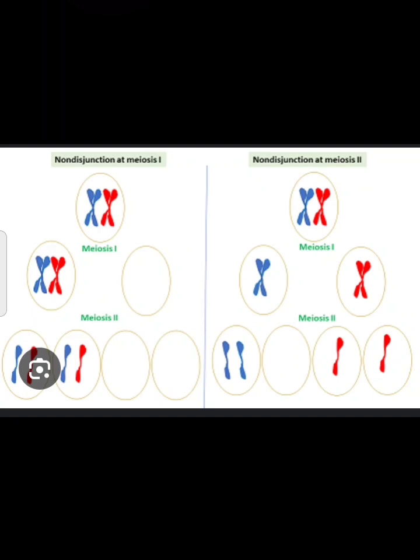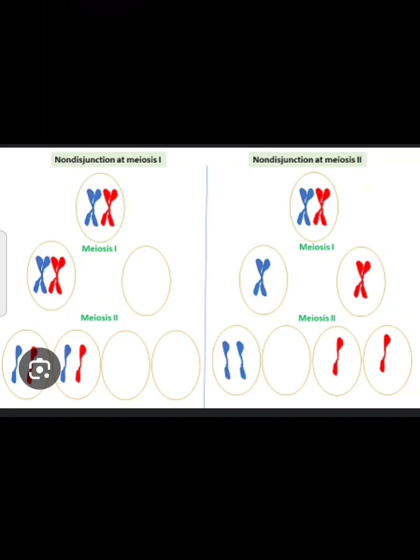If that separation does not occur, two sister chromatids will go to one daughter cell. That also leads to formation of a gamete, either male or female, with two copies of chromosome 21. If that gamete is viable and later gets fertilized, then the fetus will get 3 copies of chromosome 21.